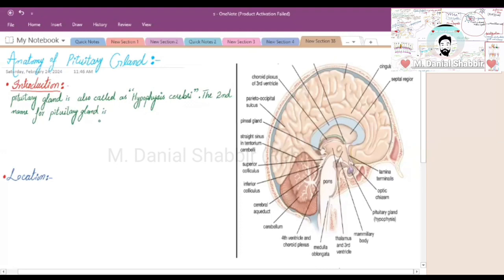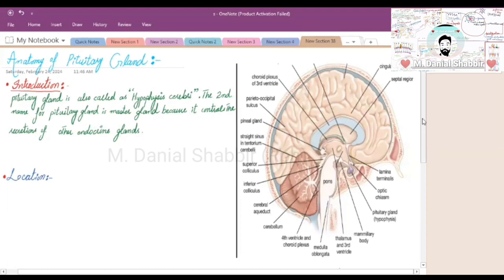Finally, the pituitary gland is the master gland because it controls the secretions of other endocrine glands. Okay, so this is a brief introduction about the pituitary gland.